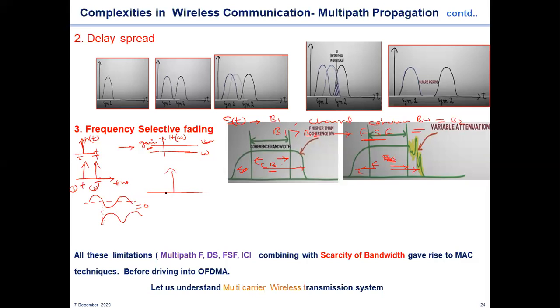For this kind of thing, if you see the frequency response, it will be like this. This is the frequency transform of h of t, which is nothing but a flat horizontal curve.